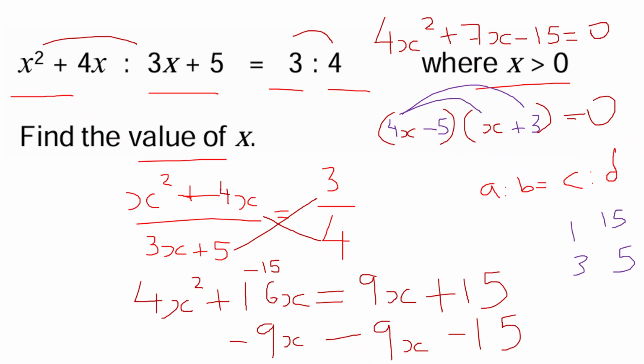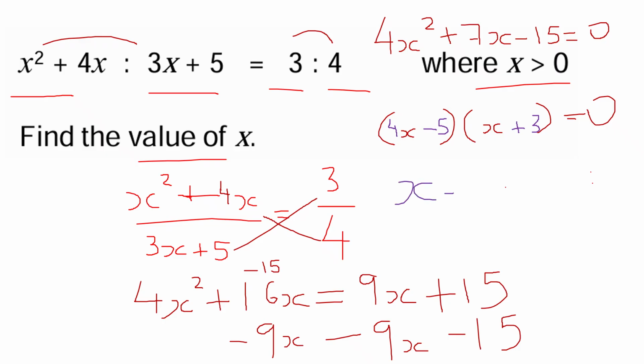If I solve it now, either the first bracket equals 0 or the second bracket equals 0. Either 4x minus 5 equals 0 from our first bracket, so x is equal to 5 over 4, or 5 quarters, or x is equal to minus 3 from the second bracket.